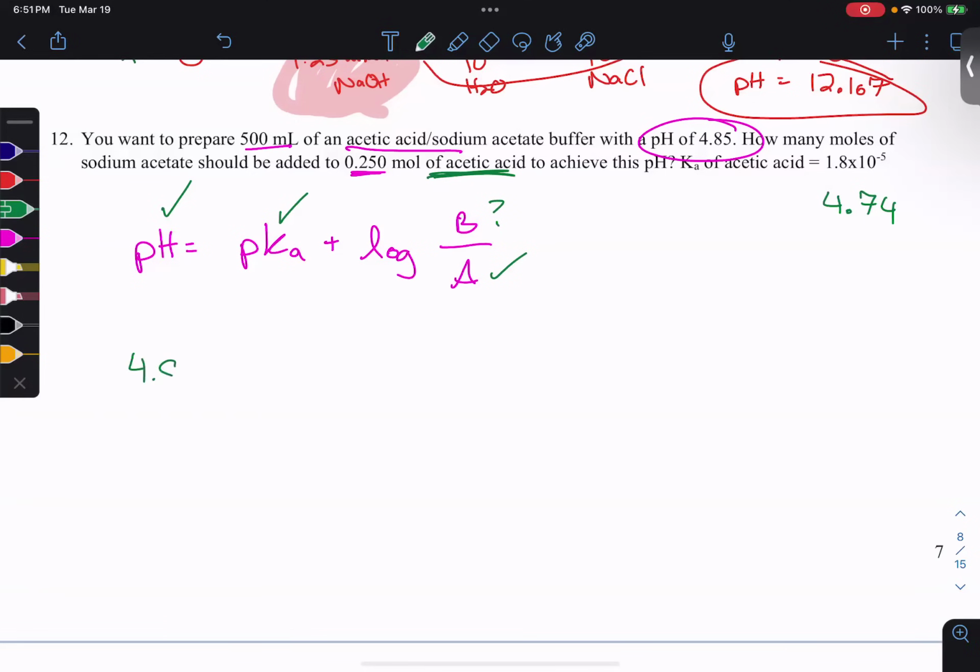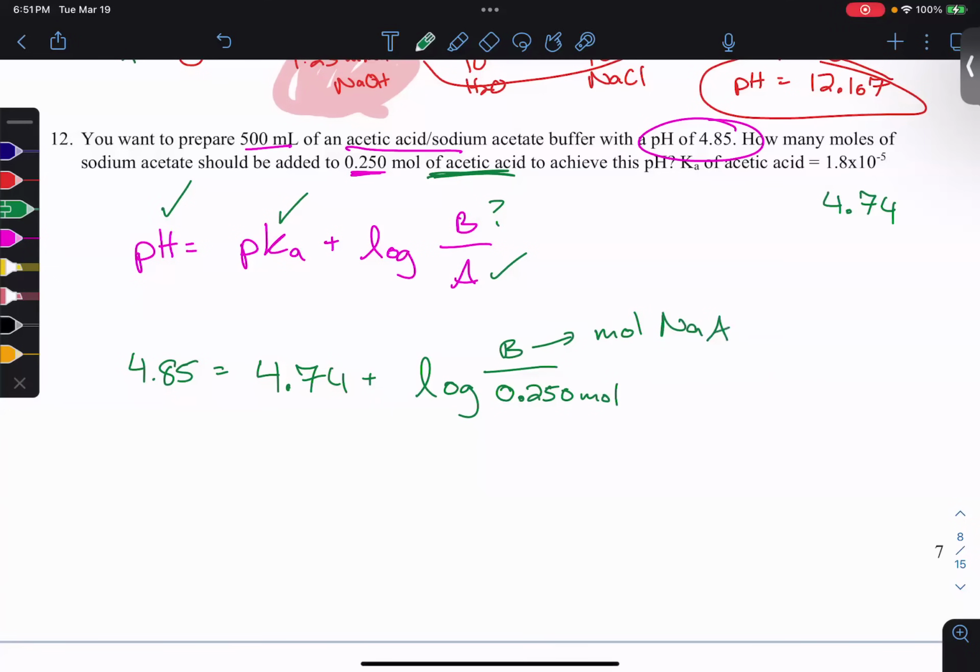So 4.85 equals 4.74 plus log base over acid, 0.250 moles. So just solve for base. That will tell us B equals the moles of sodium acetate, the conjugate base that we need to add to this solution.